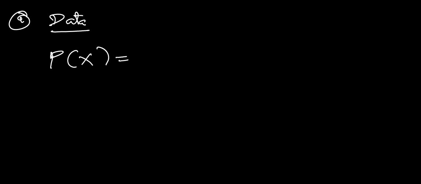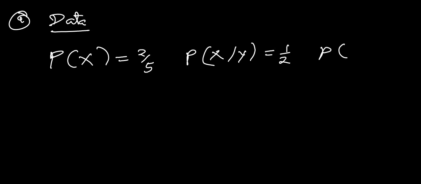So we'll start with the first one. The data given is that the probability of X is equal to 2 over 5, the probability of X given Y is 1 over 2, and the probability of Y given X is 2 over 3. So the first one, they want the probability of their intersection.